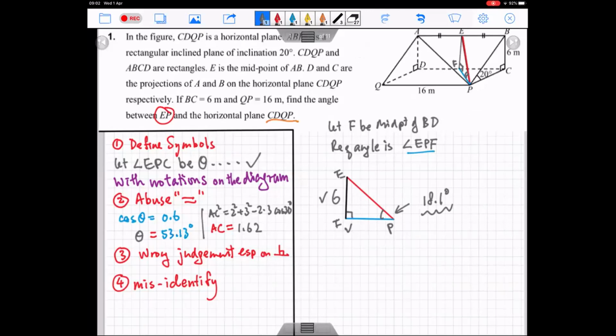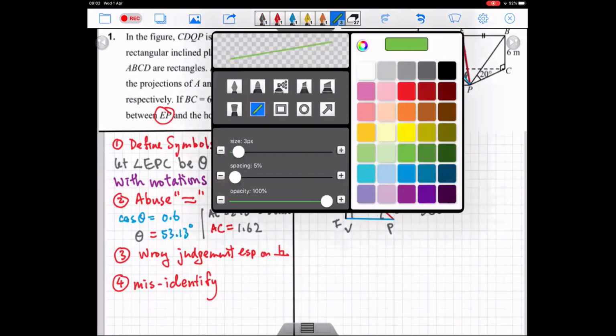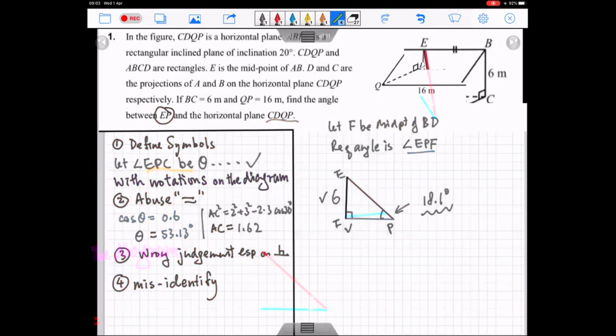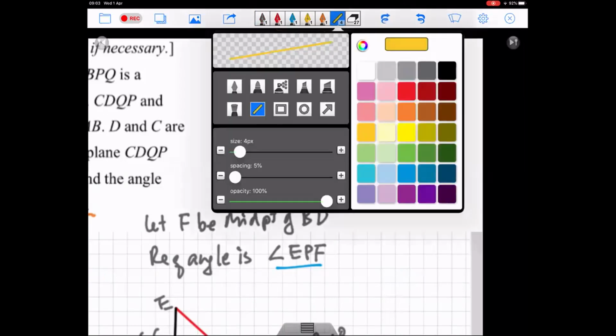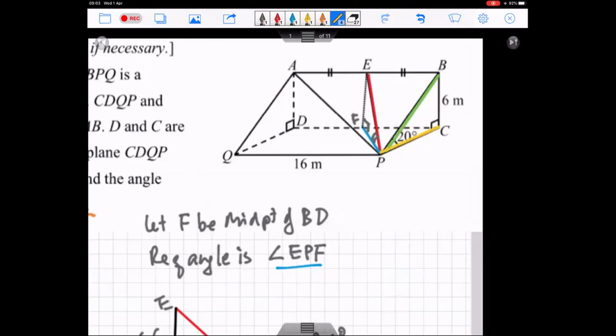To find the red line, we need this green one. We need the green line because there is a right angle triangle in here. So using the 6 meters and 20 degrees, we can find the green line. With the green line and this right angle, we can find the red line. We can do it like this. Or alternatively, you can do it on the ground level. In addition to the green line, you can find the blue line with this yellow one.